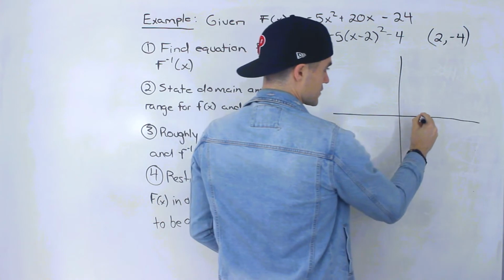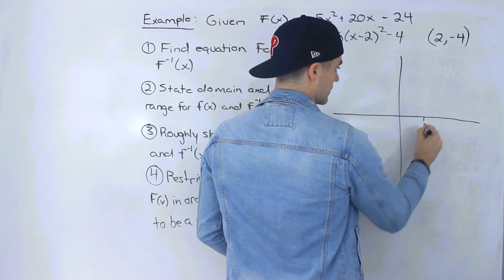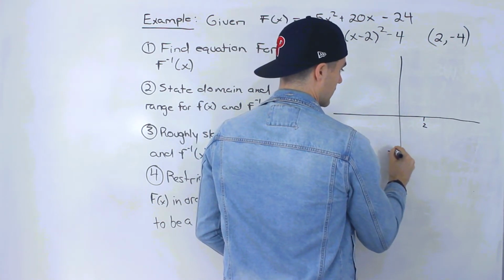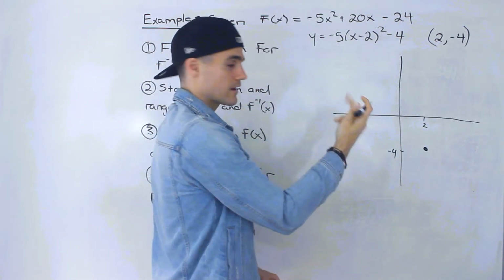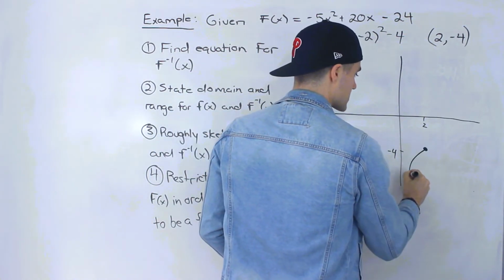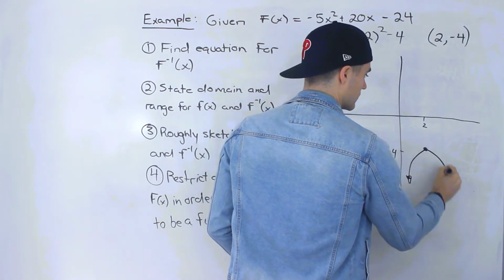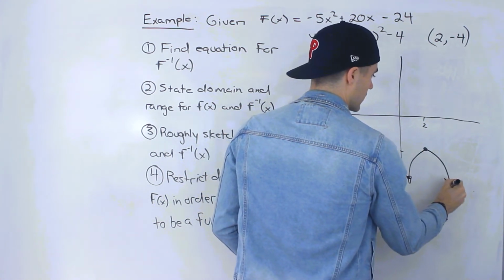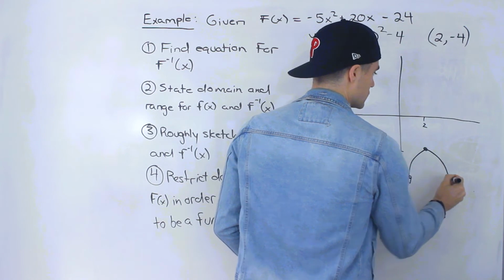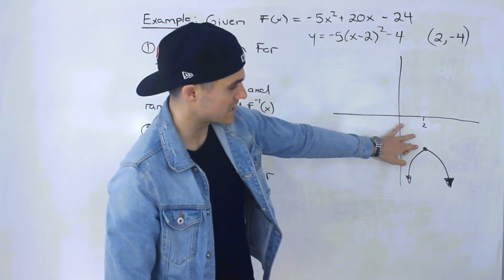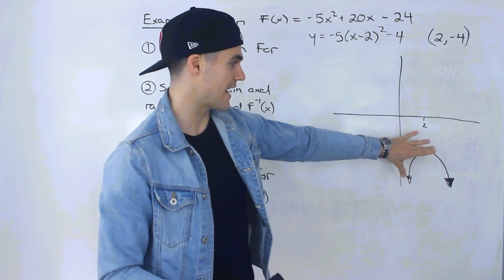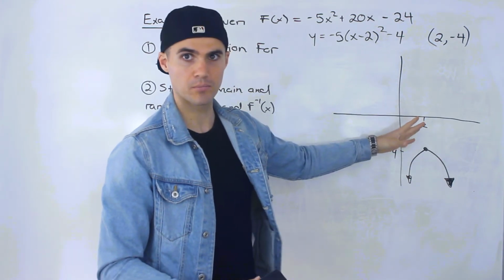So +2, that's like here, let's say, and then -4 down here. And notice the a value is negative, so we know this quadratic is going to be opening down. This drawing is maybe not as exact as if you made a table of values, but really the most important part is knowing where the vertex is and whether that quadratic is opening up or down.